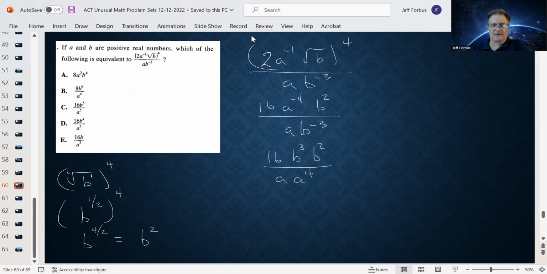Let's simplify it further. B cubed times b squared is just b to the 5th. And then a times a to the 4th is just a to the 5th. Now, which one of our answer choices fits what we have? 16b to the 5th over a to the 5th. That should be answer choice C.